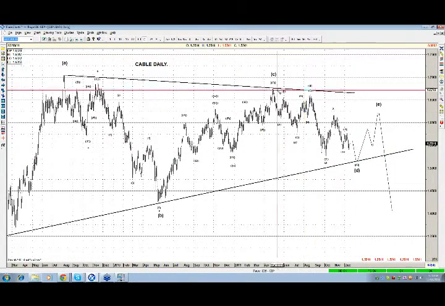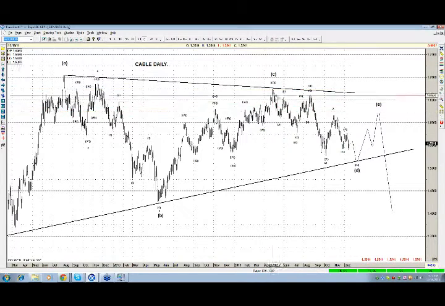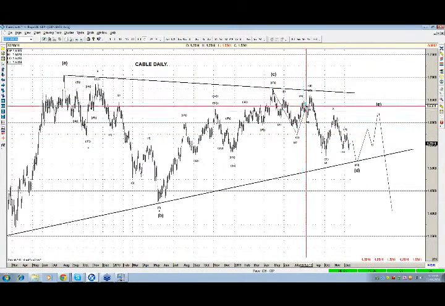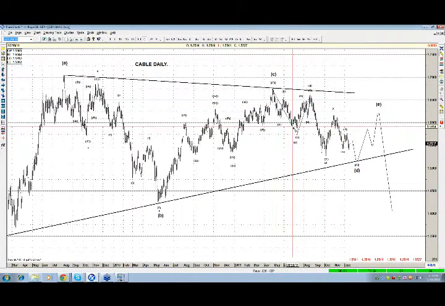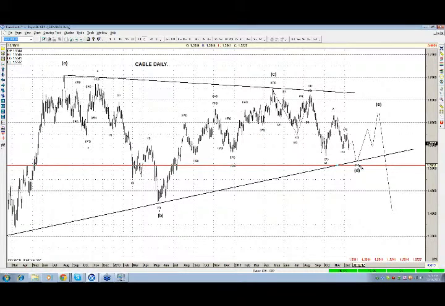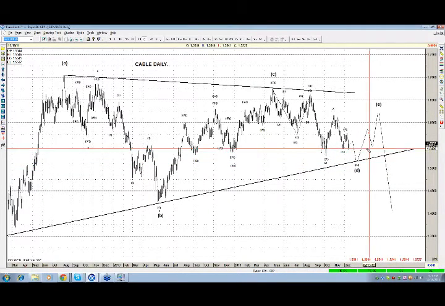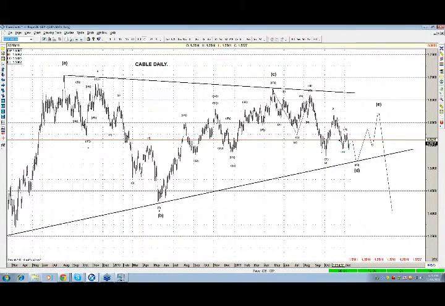Why? Because you have a 3-wave here, well, not really, with the 3 waves back. So this is W, then this is X, and then you have A, B, and C. So you have 1, 2, 3, 4, but then you got 5 swings from the top, and corrections cannot be 5 swings.